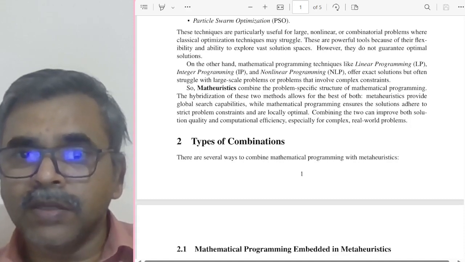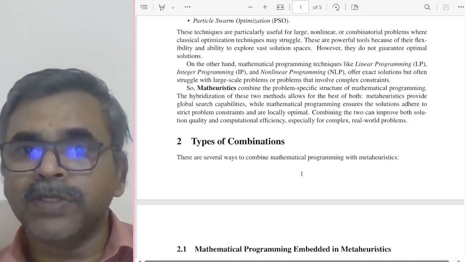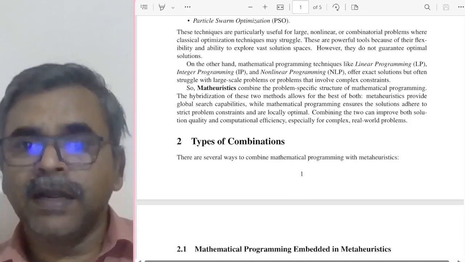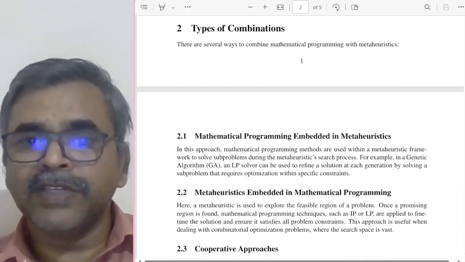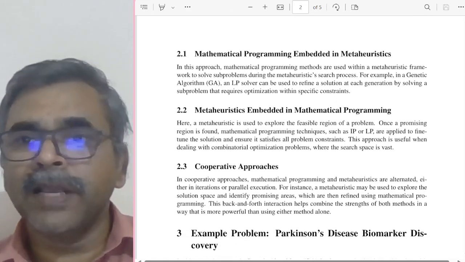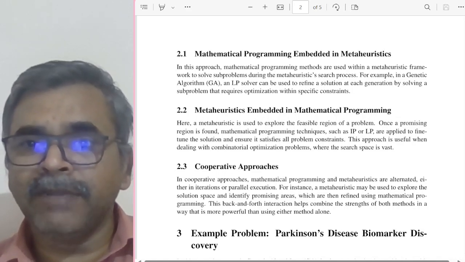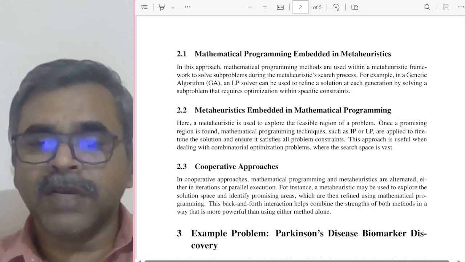So combining the two can improve both the solution quality and the computational efficiency. Now, there are a few combinations which are possible: mathematical programming can be embedded in Metaheuristics, Metaheuristics can be embedded in mathematical programming, and there is a cooperative approach. So these three approaches are being used.